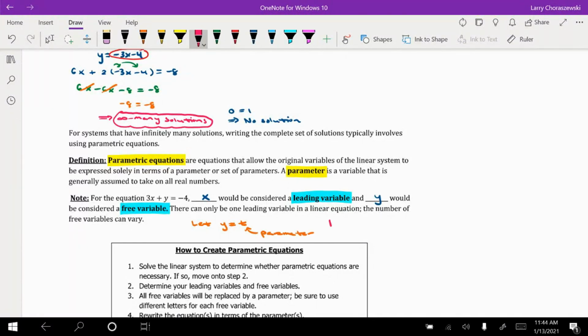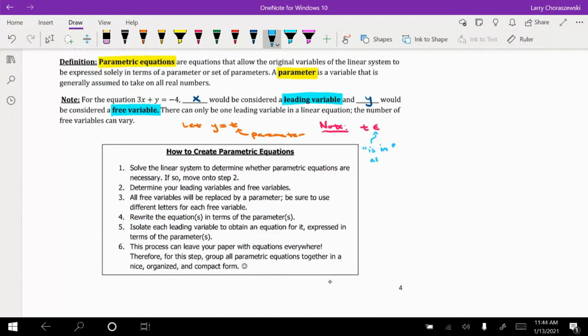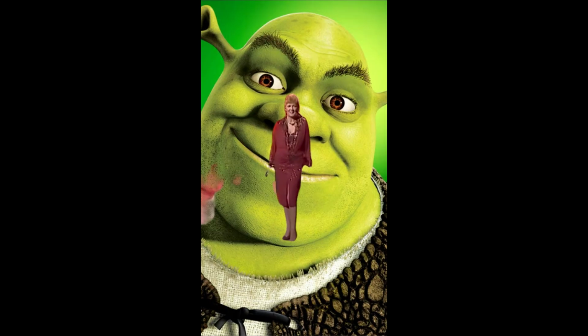Now, one thing to note is that t can take on any real number. So t, I'm going to write this notation, looks like a rounded out capital E. Does anybody know what that symbol represents? This symbol here is our math notation for "is in," also known as "an element of."